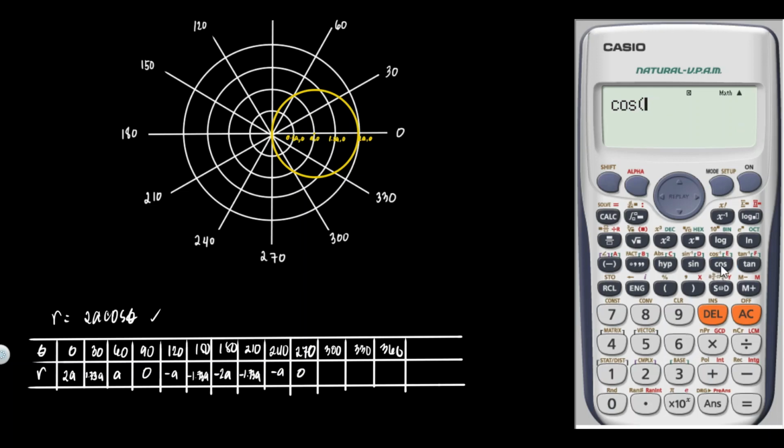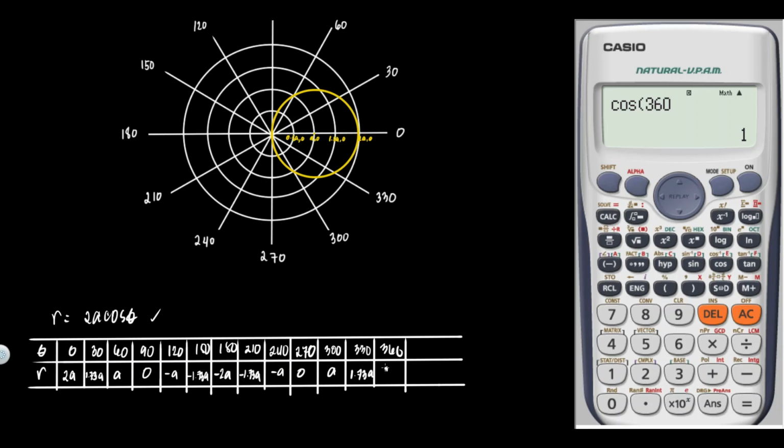Cosine of 300 is 1/2 times 2, so 1, okay, so a na lang to. And cosine of 330 is 1.738. How about cosine of 360 equals 1 times 2, so 2a.